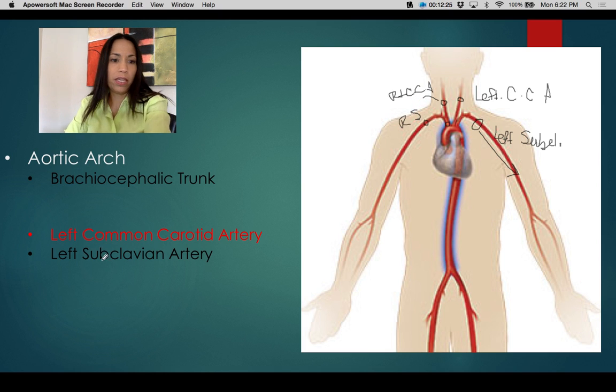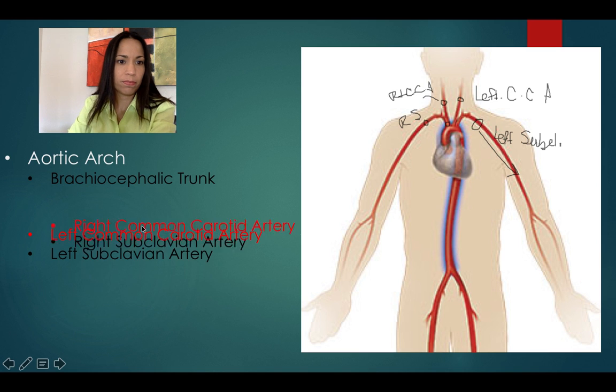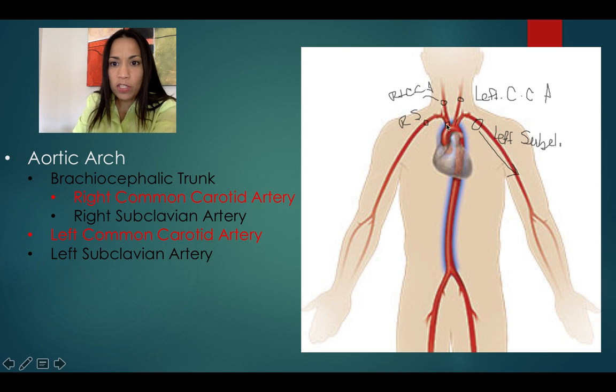As you can see in here, better than my handwriting, the two branches of the brachiocephalic trunk are the right common carotid artery and the right subclavian. So we have a pair of common carotid arteries, right and left, and a pair of subclavian arteries, right and left. The thing is that on the left side, they arise directly from the aortic arch. On the right side, they arise from the brachiocephalic trunk.